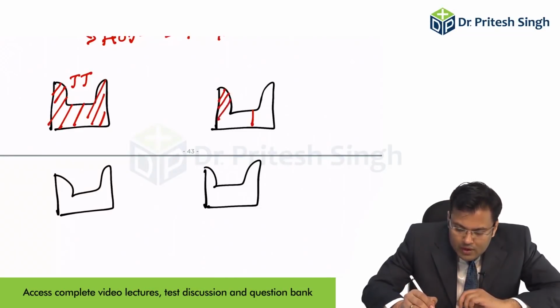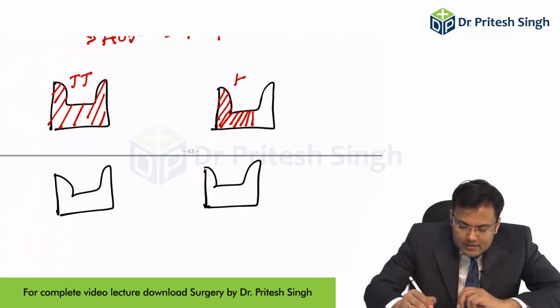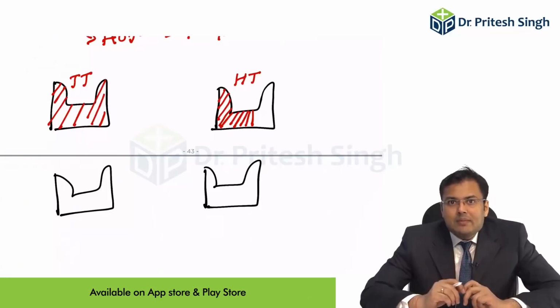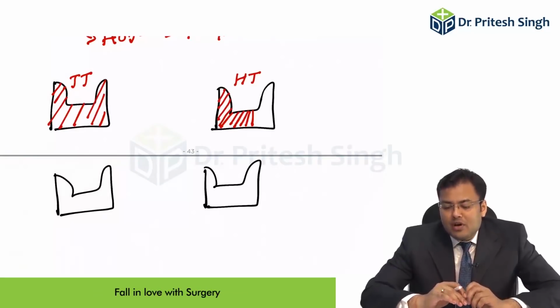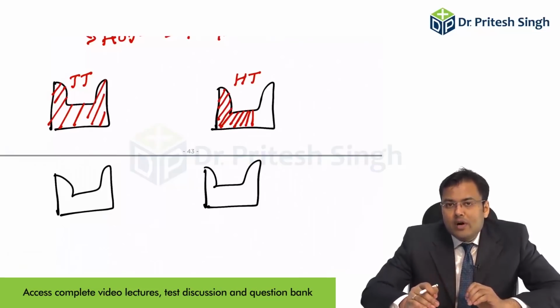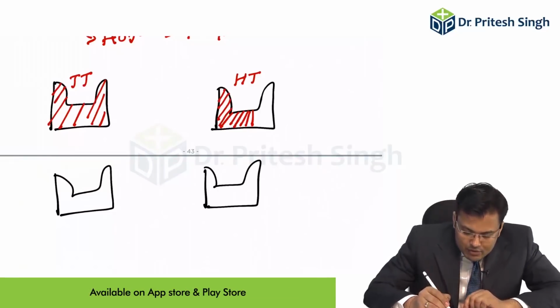Removal of one lobe with isthmus is known as hemithyroidectomy. Sometimes one word is used for hemithyroidectomy, and that is also known as lobectomy. So removal of one lobe with isthmus is hemithyroidectomy.